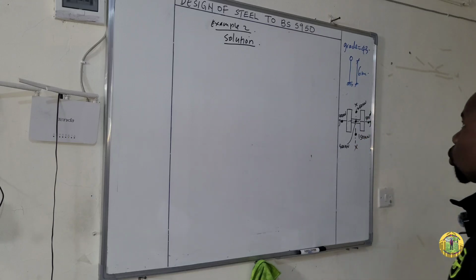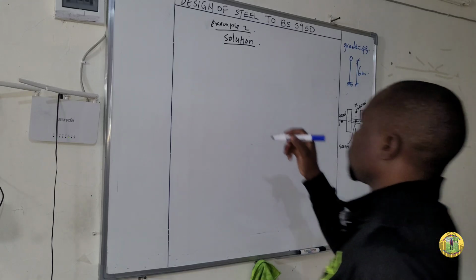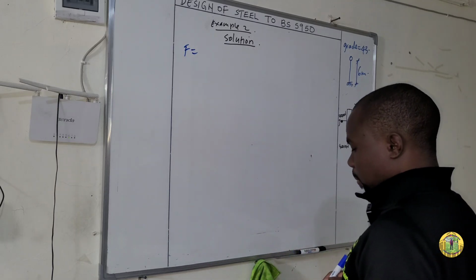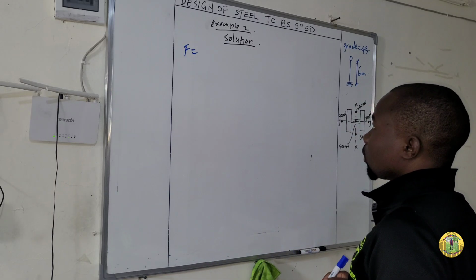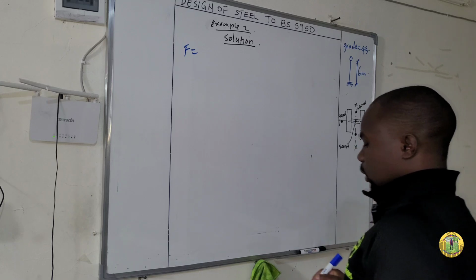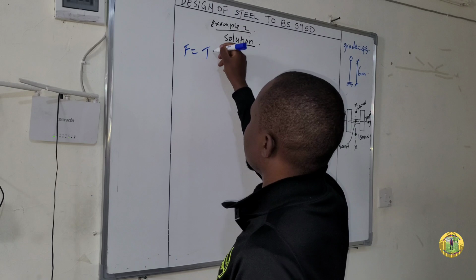So the first thing to do is to determine the applied force. So determine F. The first thing to note about F is that F is the total applied force.